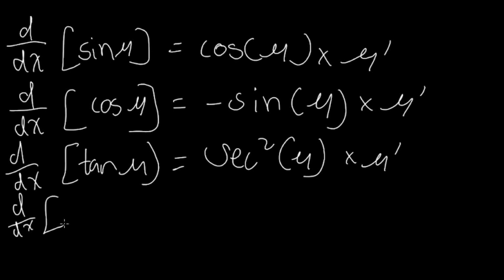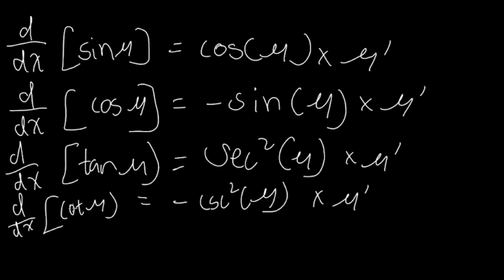The derivative of cotangent u is equivalent to negative cosecant squared of u times u prime.